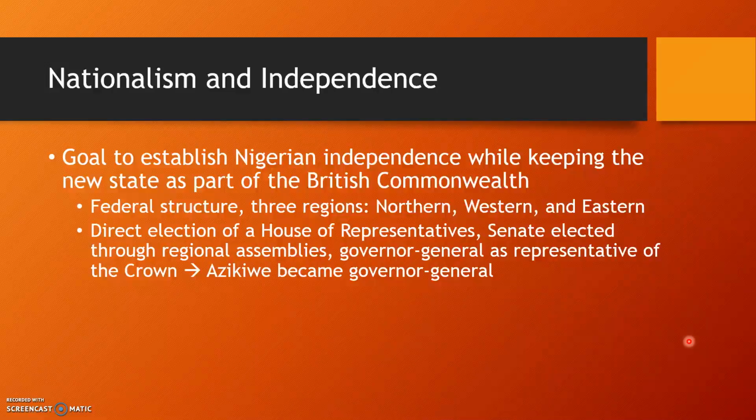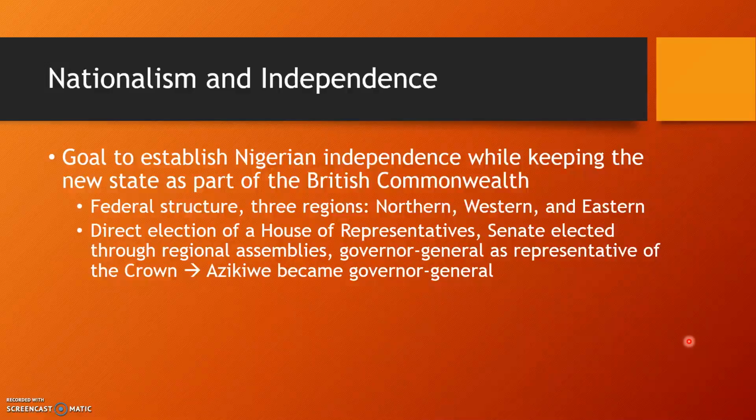This forming government system has a House of Representatives, which is directly elected. So the northern region would be divided up into districts, and it's an SMD system, single member districting. So everybody elects their local representative. And then you would also have local assemblies per district.